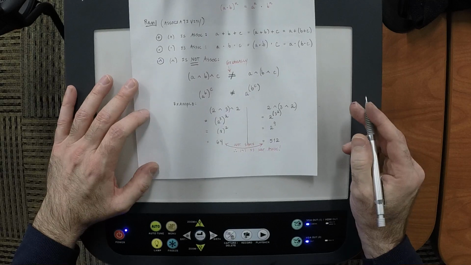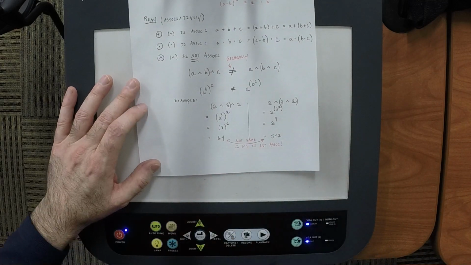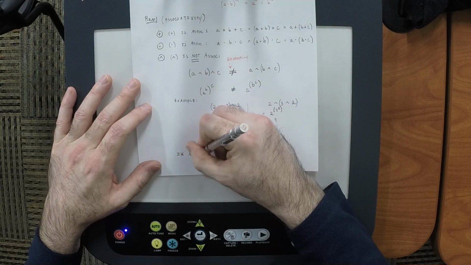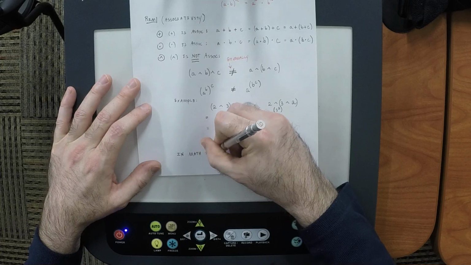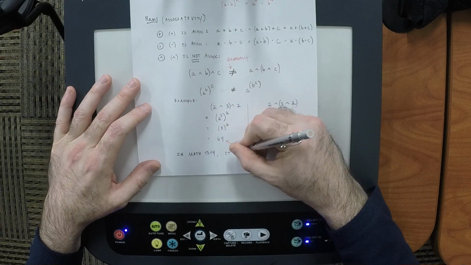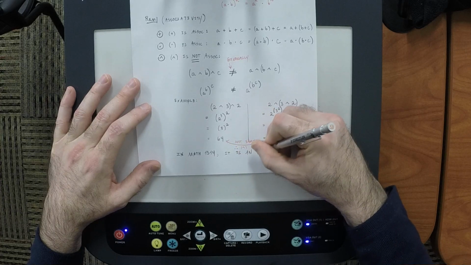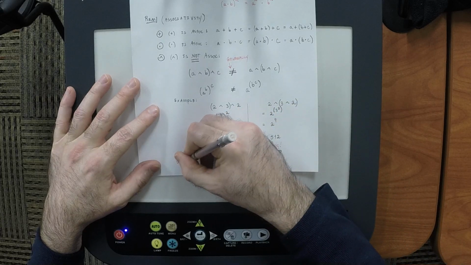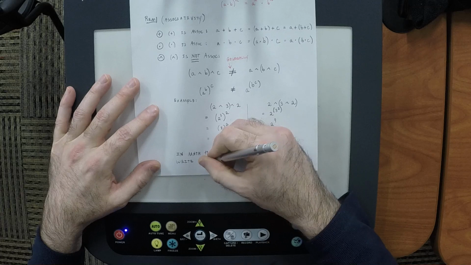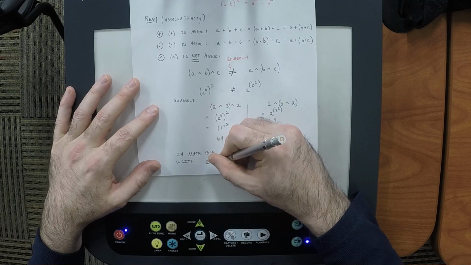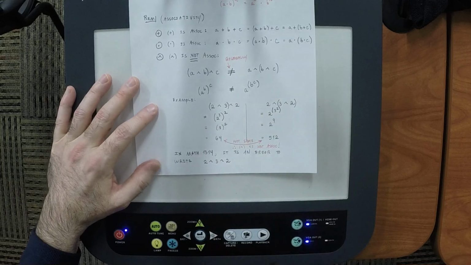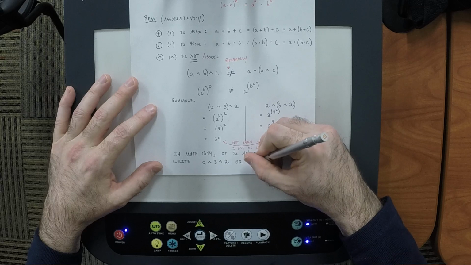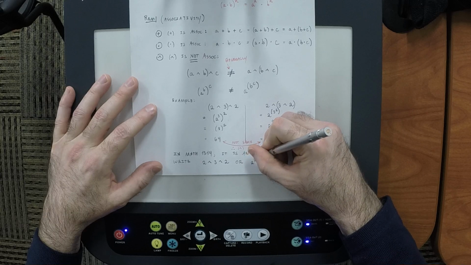The next place where it's important is that in Math 1314, our class, it is an error to write 2 caret 3 caret 2, or this one, 2 3 2.